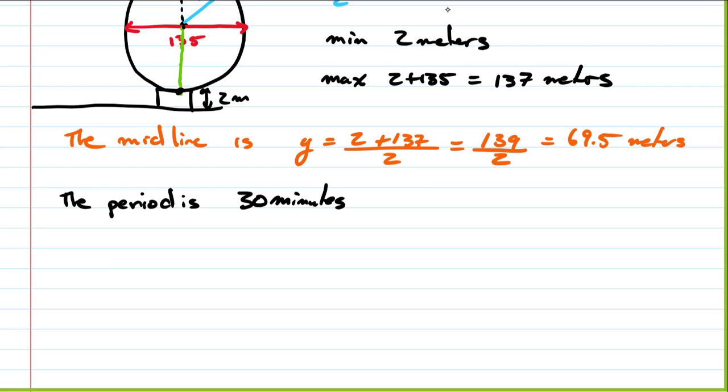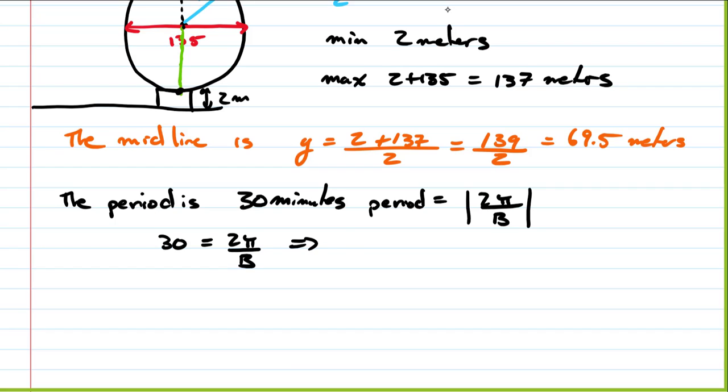So then our period, P, is equal to 2 pi divided by B. So 30 minutes is equal to 2 pi over B. Gives us that B is equal to 2 pi over 30, so pi over 15.